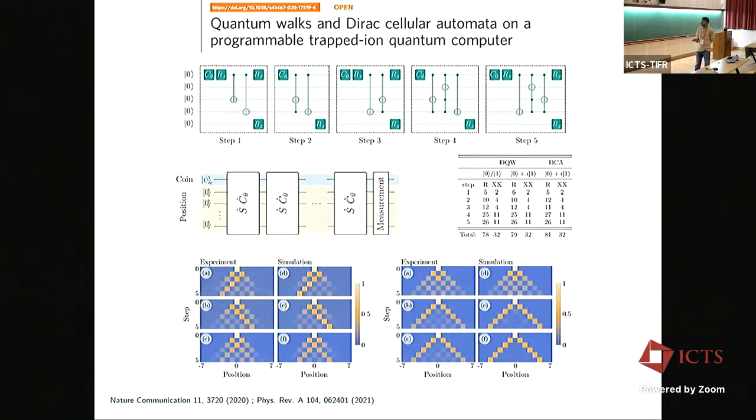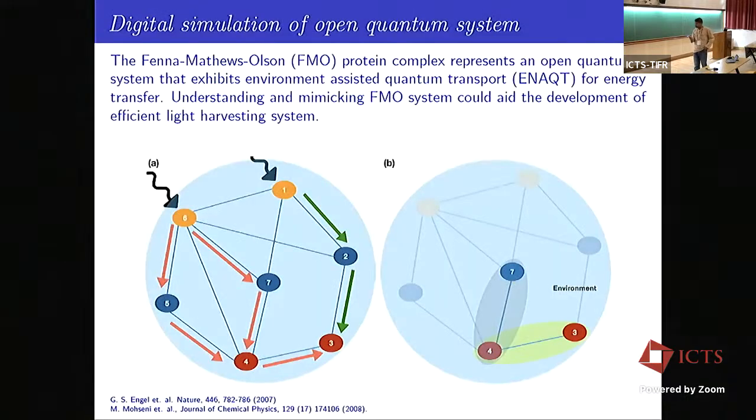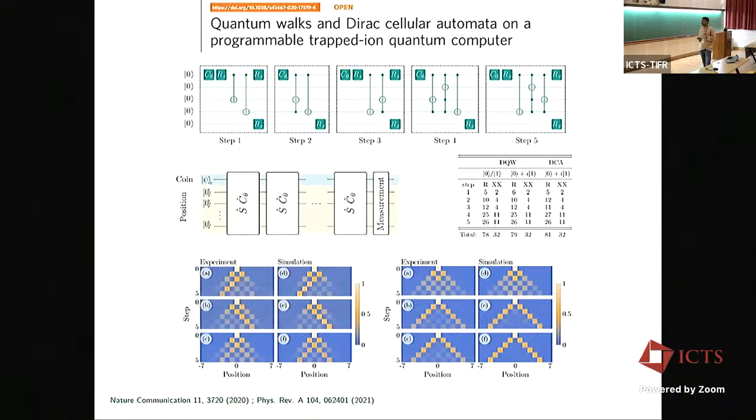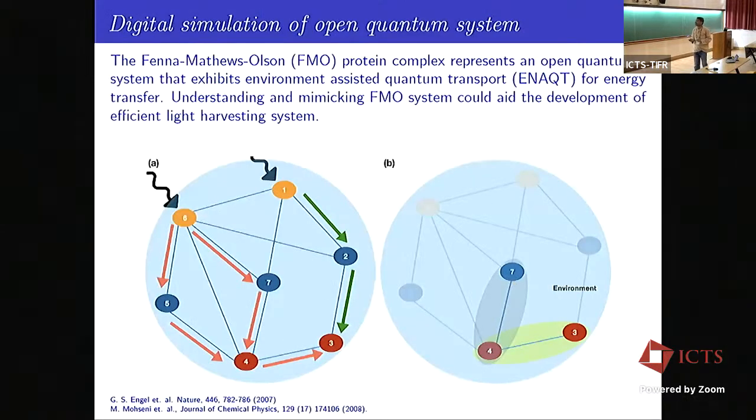So this is the experimental and the theoretical results mapping with each other, and with very good efficiency we could get this form. Now this neutrino flavor is one simple 3-qubit example, and the other one is again a simple protein complex which is very well studied.